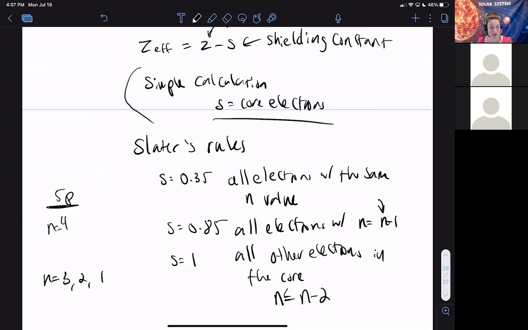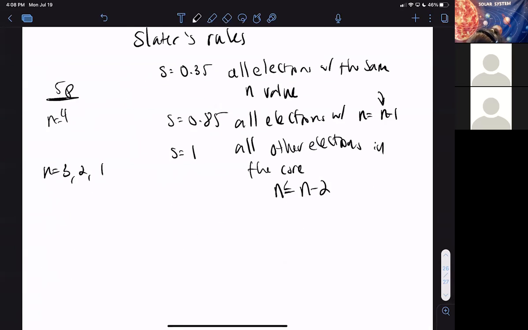With this, we'll be able to determine our effective nuclear charge, but you should understand the trend of effective nuclear charge and why. It's very important to understand why.